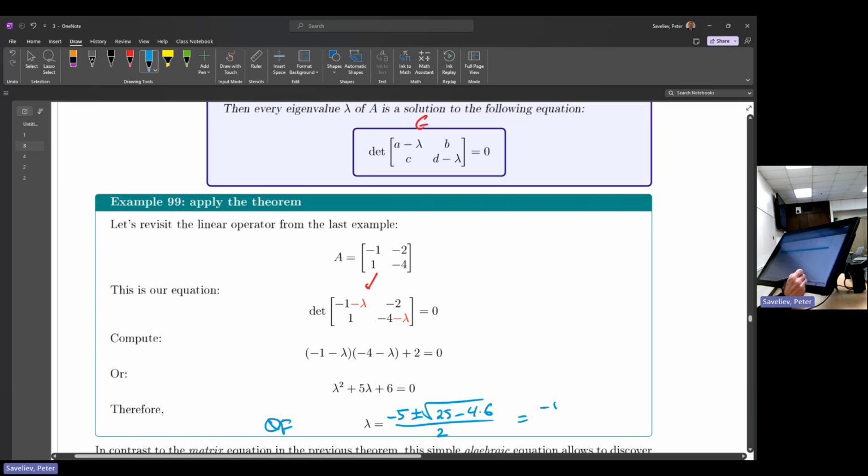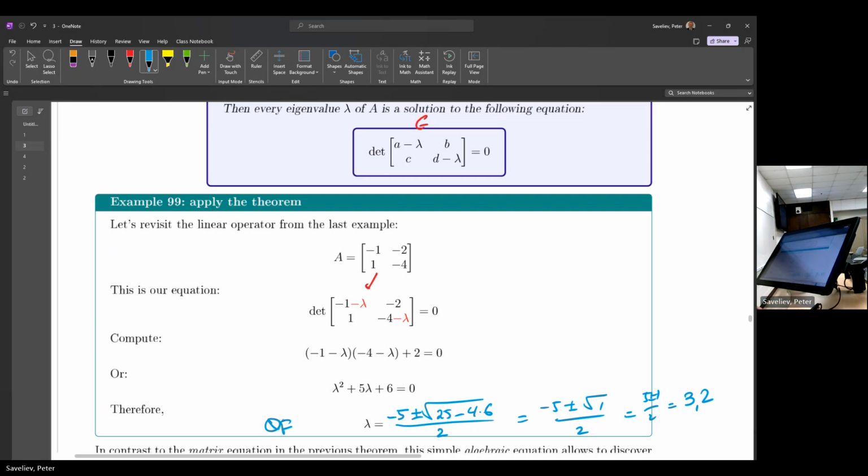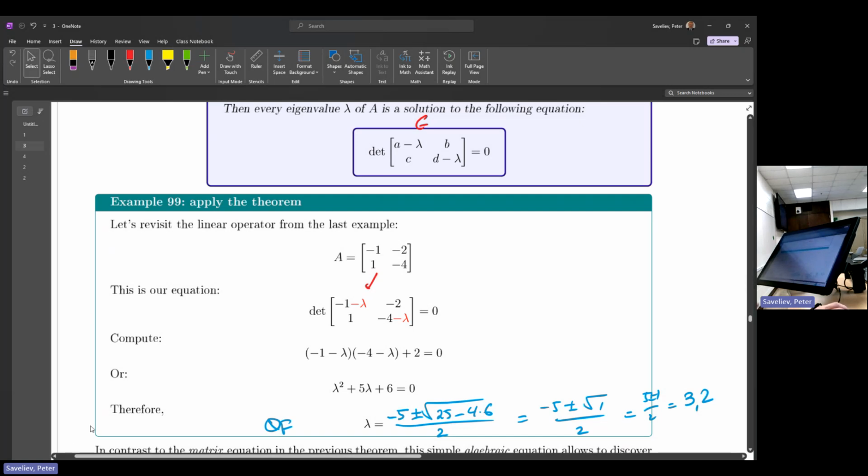So -5 plus or minus the square root of 1, over 2. So it is 5 plus or minus 1 over 2, which gives 3 and 2. Okay, that's it. The problem has been solved, and it's so simple that the formula is also available.